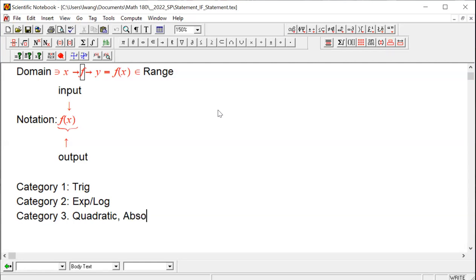Absolute value functions, polynomials, and square root functions. So these are the three major categories we're going to touch.